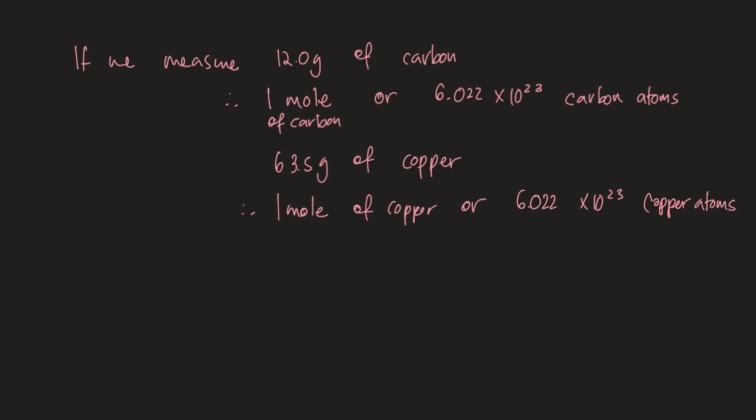Right? In fact, if we measure the relative atomic mass of any element on the periodic table, we will have 1 mole of that element. So that's an important thing to write down.